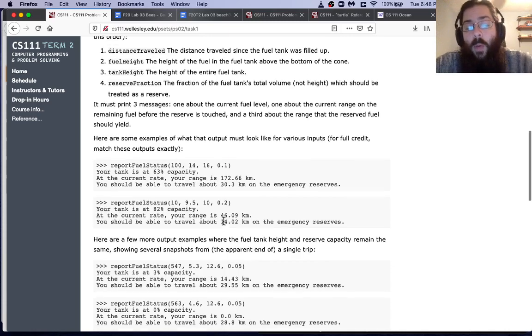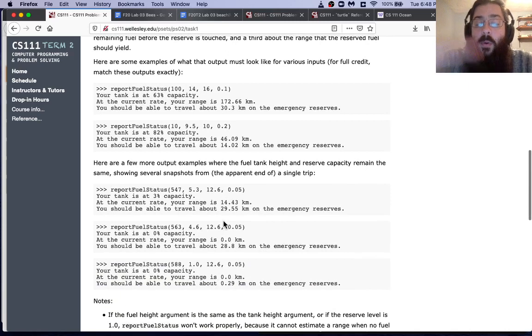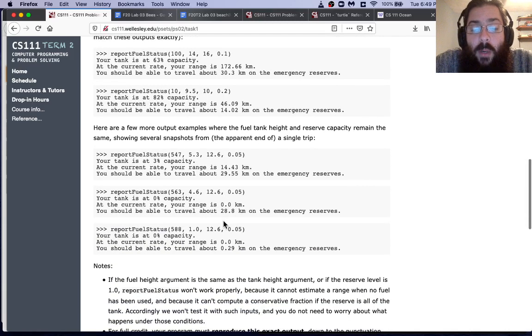Although, one wrinkle here is that if your fuel is below the reserve point, and so I'll give you an example of that. If you call report fuel status with 588 as the distance traveled, 1.0 as the centimeters of fuel left in the tank, 12.6 as your total tank height, right?